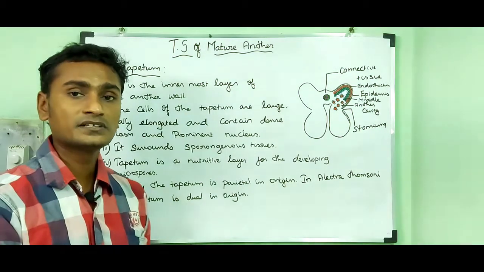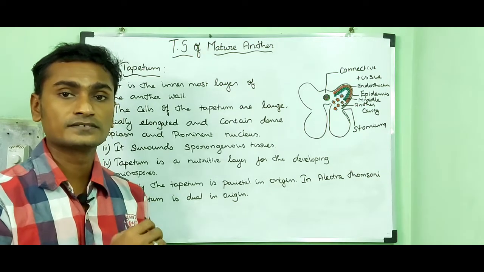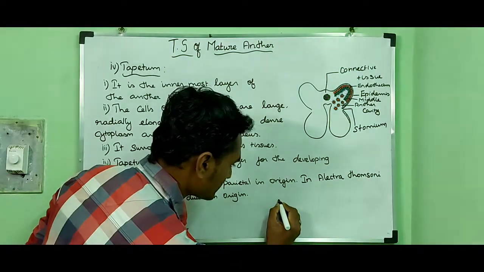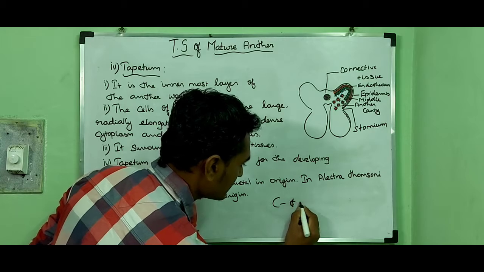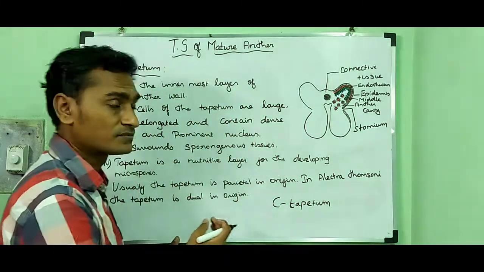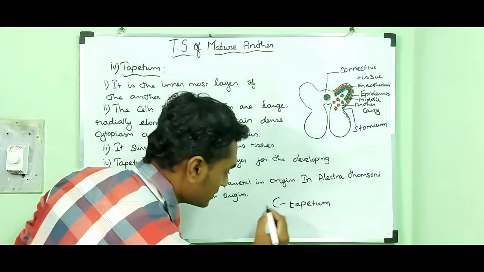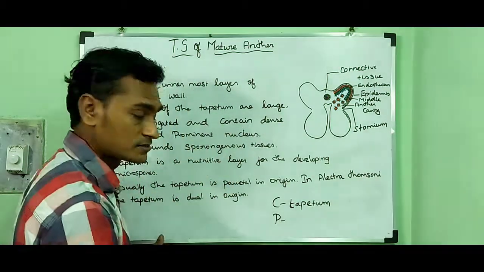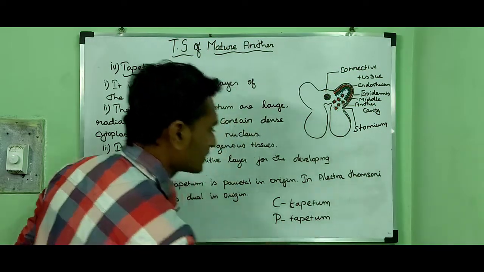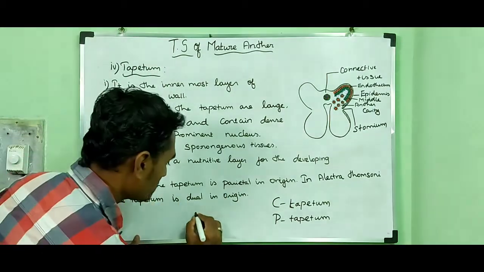That means the tapetum is derived from the parietal layer and from the connective tissue. A portion of the tapetum is derived from connective tissue, so that tapetum is called C tapetum. Another portion of the tapetum is derived from the parietal layer, so that tapetum is called P tapetum.